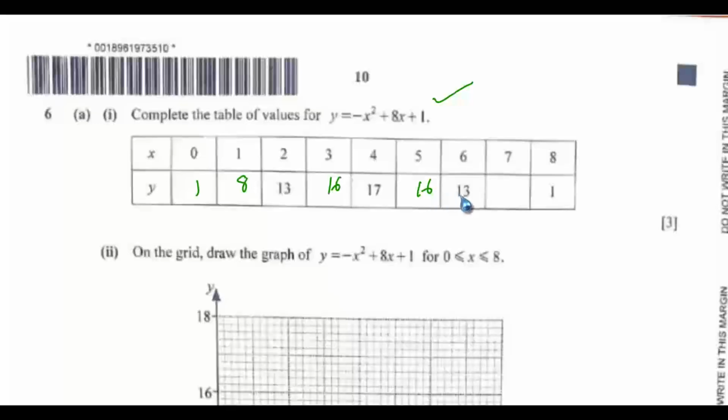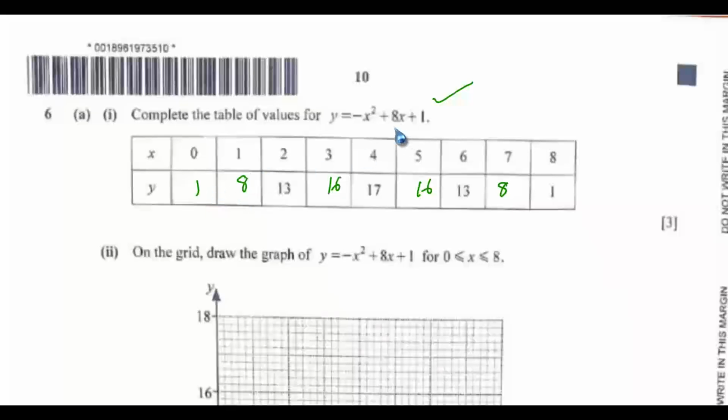Then y is 8 when x equals 7, and you have it completed. So all you need to do is input this function into your calculator, set the range from 0 to 8 and the step to 1, and when you hit enter you see the values of y on your screen.